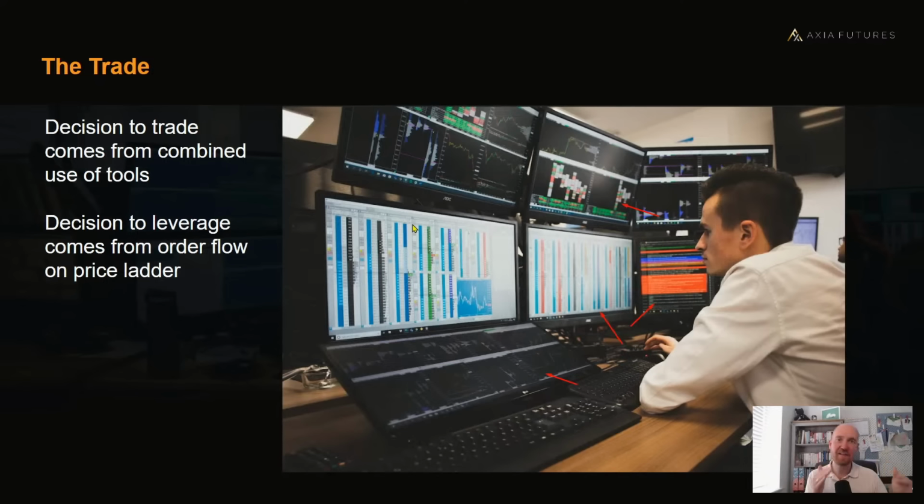But the getting down to the action, the what tells you now's the time to buy more, entirely comes from the price ladder. That's the bit that we're interested in. So it's the leverage that comes from the price ladder. The getting in and where to get in does come from the other tools, but knowing when to add to the trade entirely comes from the price ladder.